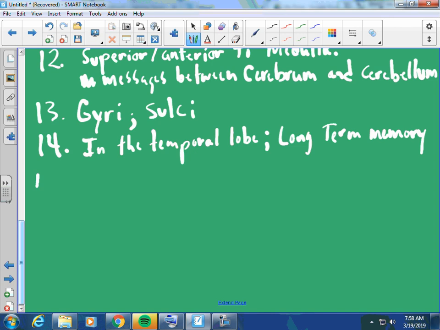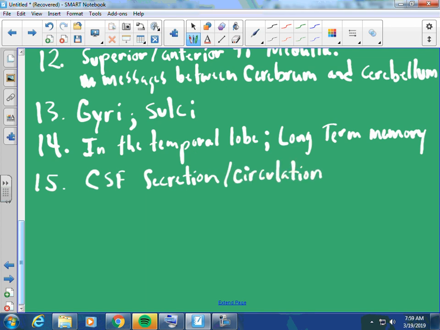And number 15. Okay. Describe the ventricles of the brain. What can we say about the ventricles? Yeah, they're involved with the CSF. Okay.